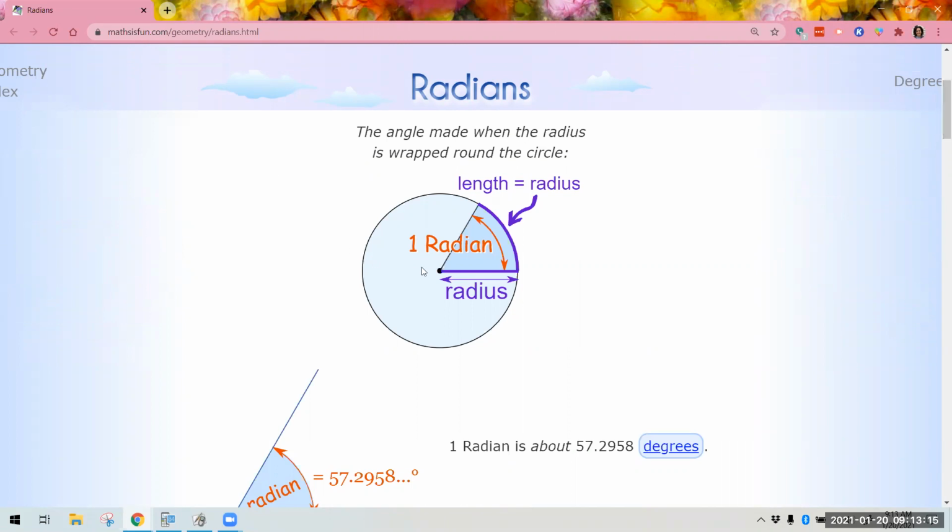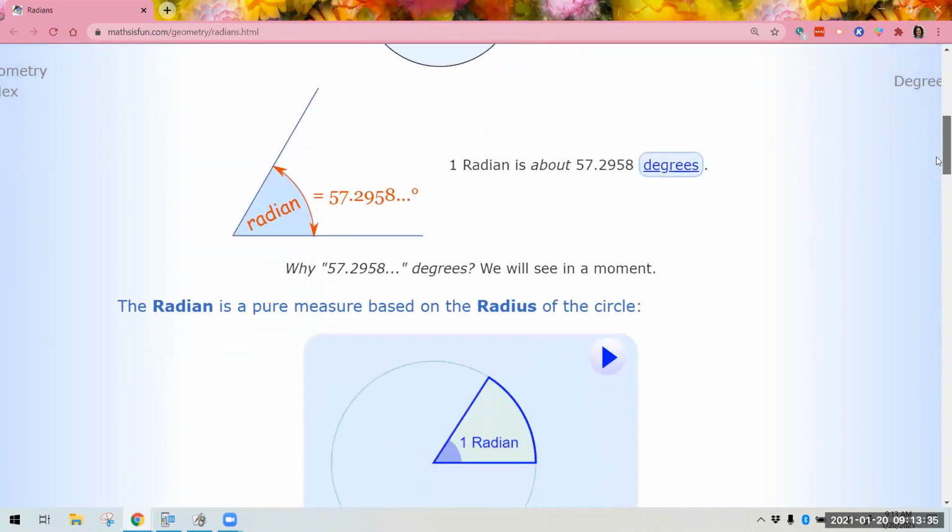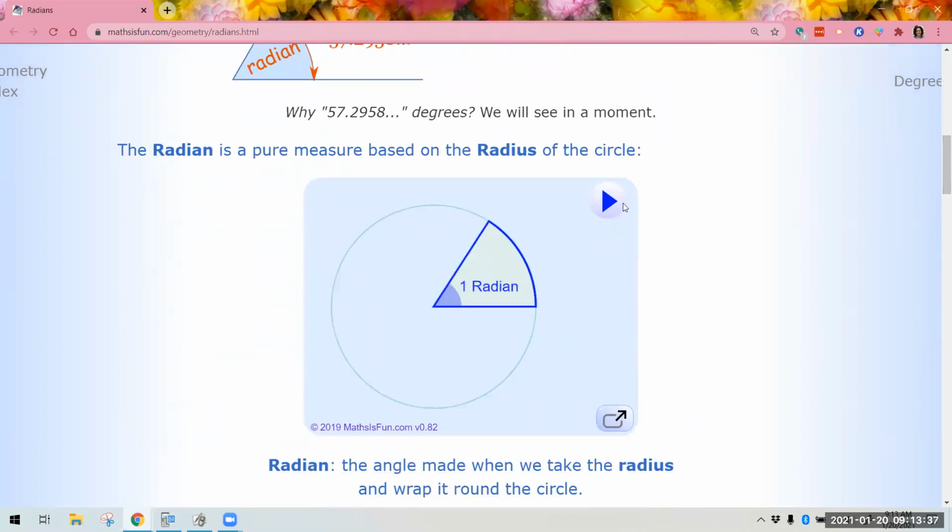So a radian is a ratio dividing the length of the radius with the portion of the circumference called the arc length. So if I take the radius and make it that same length around that part of the circumference, I get 1 radian.